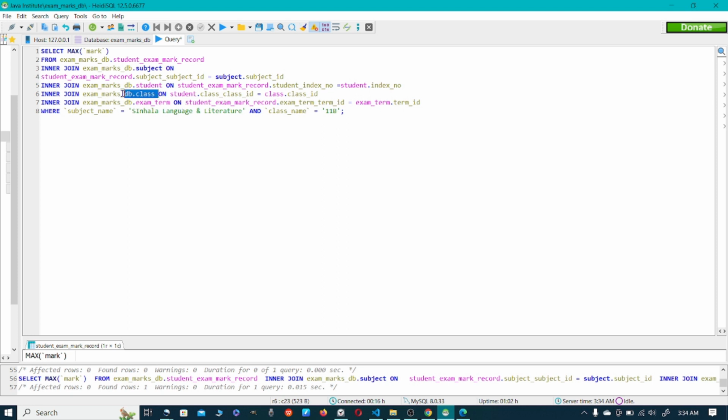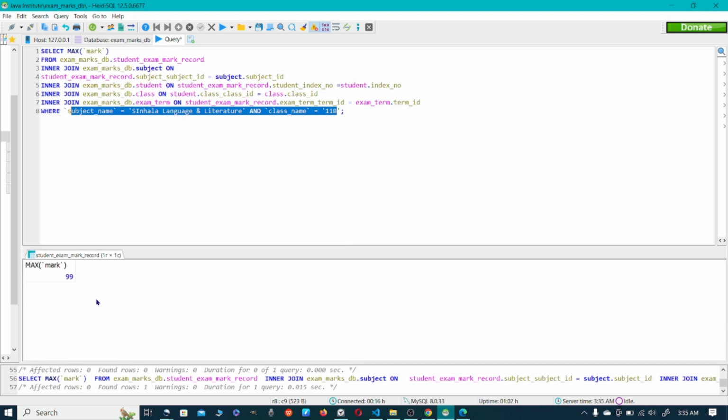Then we have joined the class accordingly. This is the condition part, and I will show you the result. It's 99, so the max mark received for Sinhala literature among the two terms is 99, and the class name should be B as well.